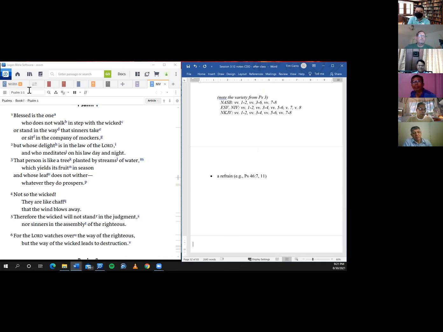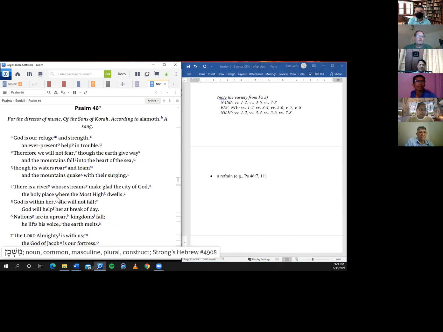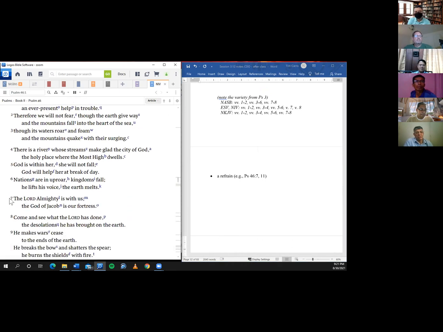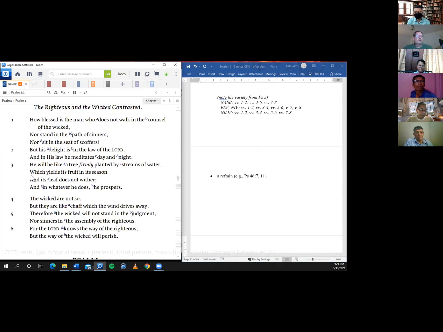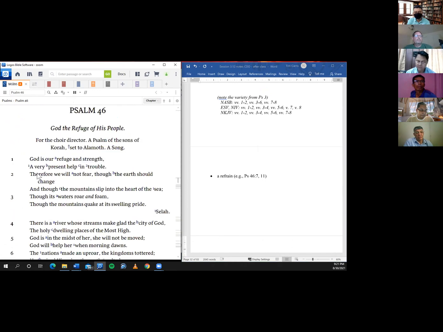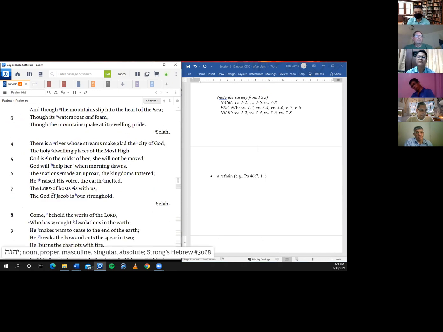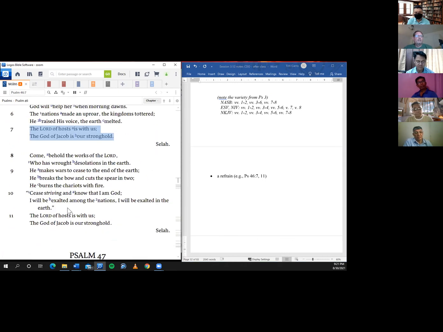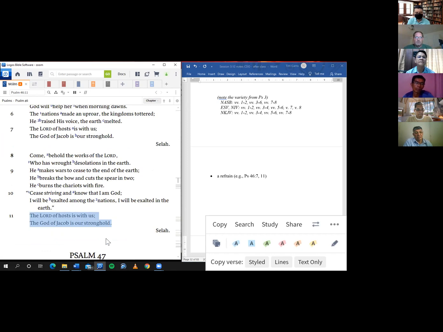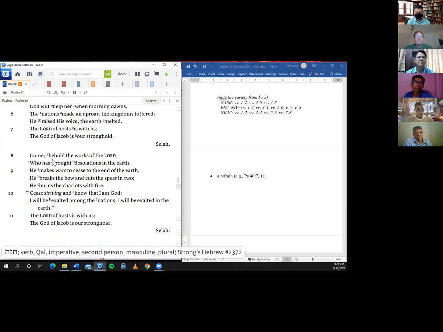So if we look at Psalm 46, for example, we notice there is verse 7, the Lord of hosts is with us. The God of Jacob is our stronghold. And then again, verse 11, the Lord of hosts is with us. The God of Jacob is our stronghold. So that's likely the end of a stanza.